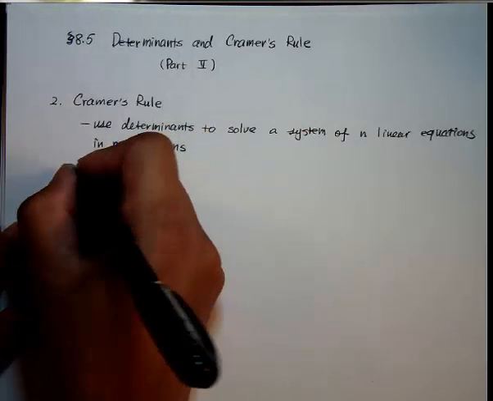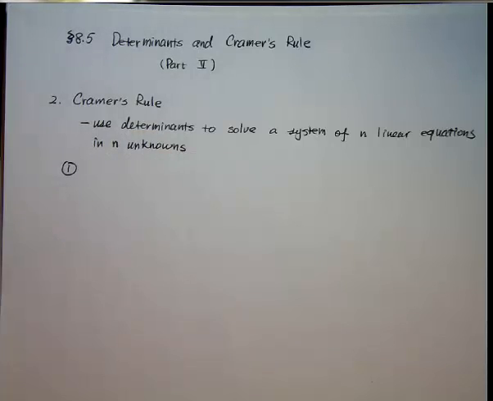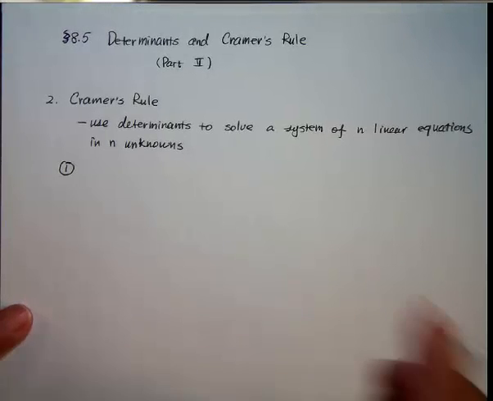Let's split that into the cases of 2 by 2 and 3 by 3, since we learned how to find the determinants of 2 by 2 and 3 by 3.